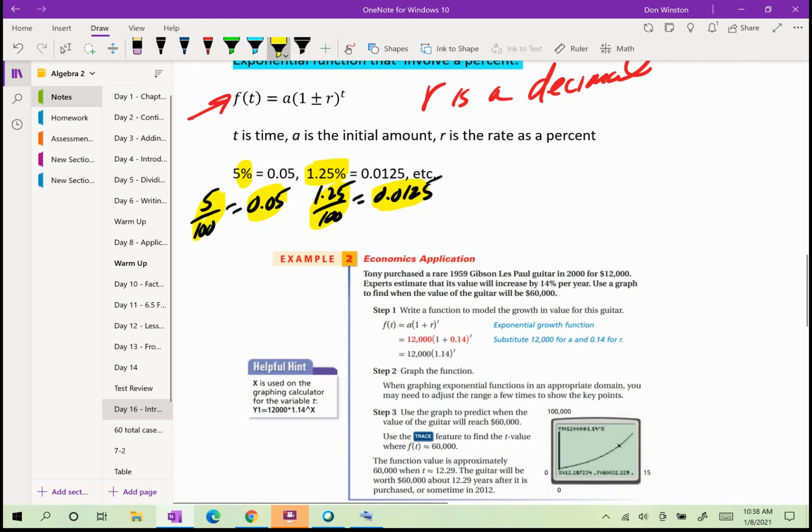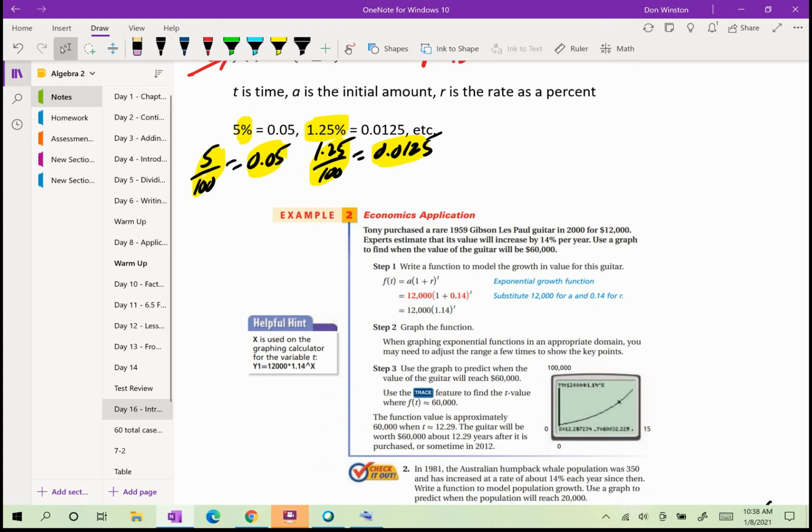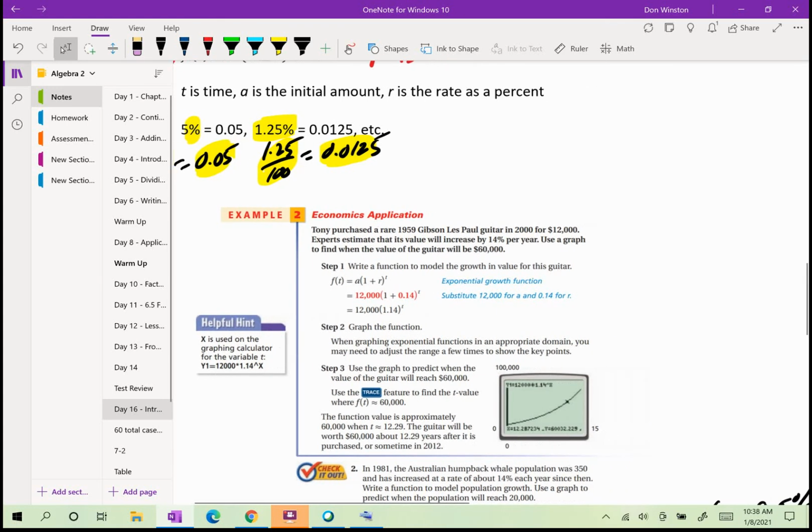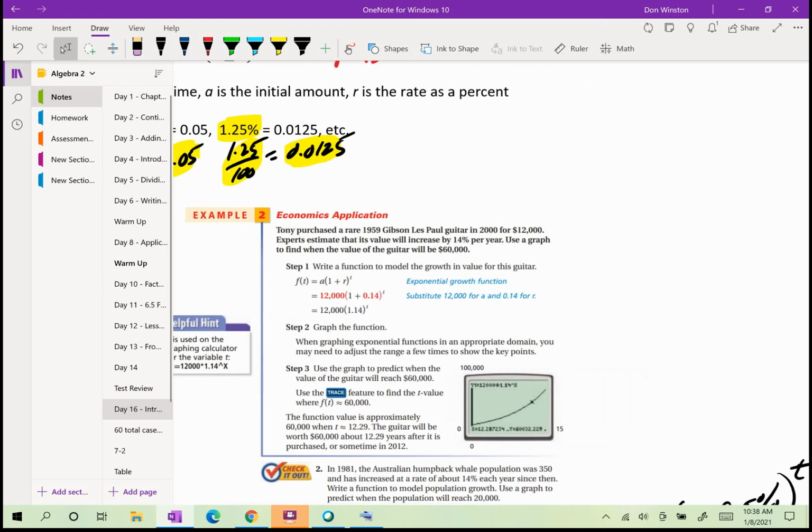So let's look at this application. Tony purchased a rare guitar in 2000, at time 0, for $12,000. And then it's estimated to grow 14% per year. Use a graph to find when the value of the guitar will be worth $60,000. So first we have to write an exponential function.